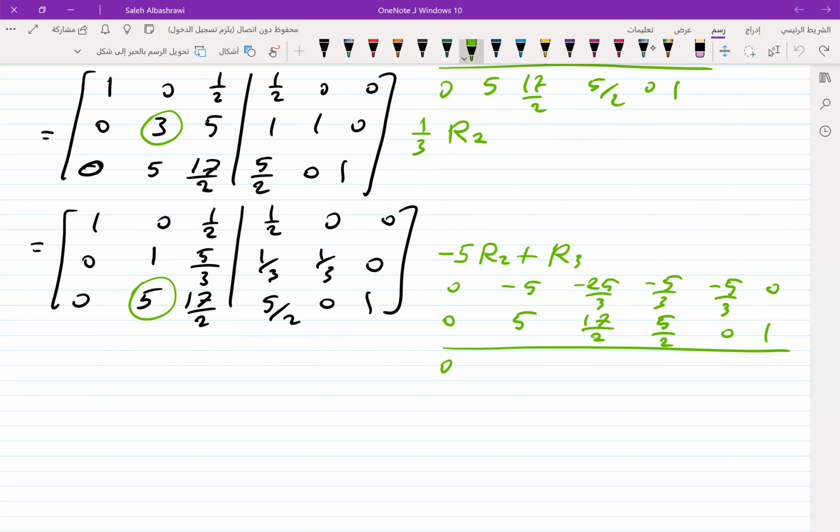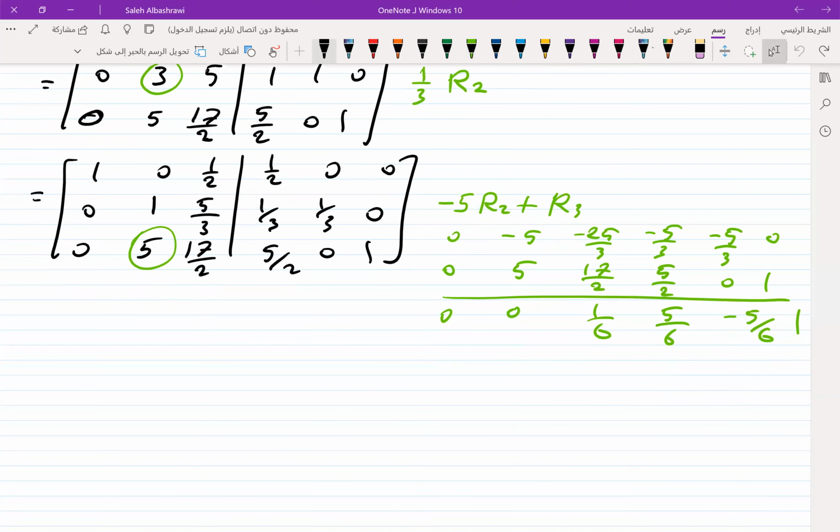I will have 0, 0. This will be 1 over 6, and minus 5 over 3 and 5 over 3 will be 5 over 6, and minus 5 over 6, and 1. So this will be the new third row.